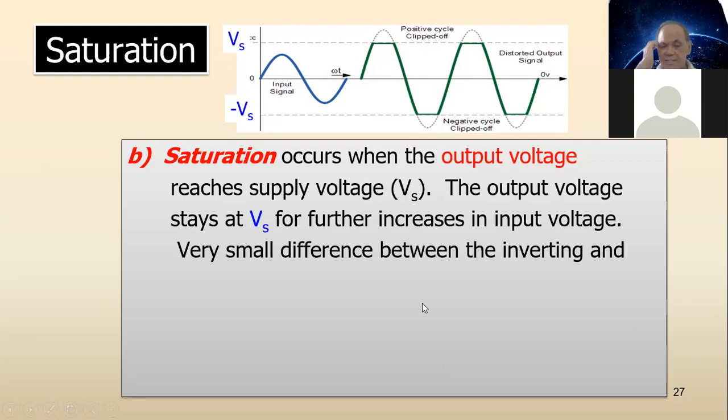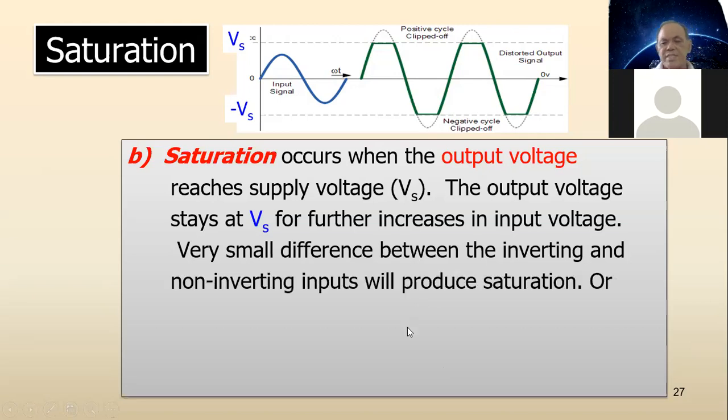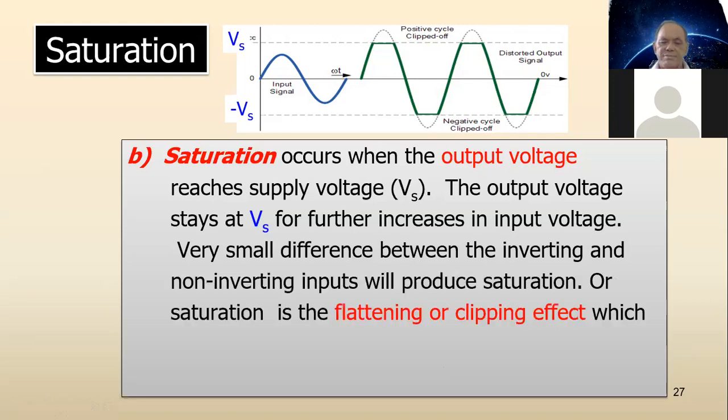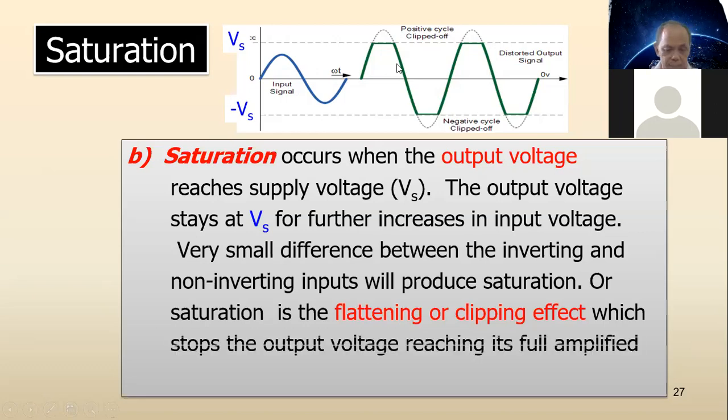And we will find out later on, a very small difference between the inverting and non-inverting input will produce saturation. Another way to state what saturation is, is to say that it's a flattening. That's what it means, flattening. Or you cut it off, a clipping effect. We stop the output voltage from reaching its amplified value. The dotted line is the amplified value.